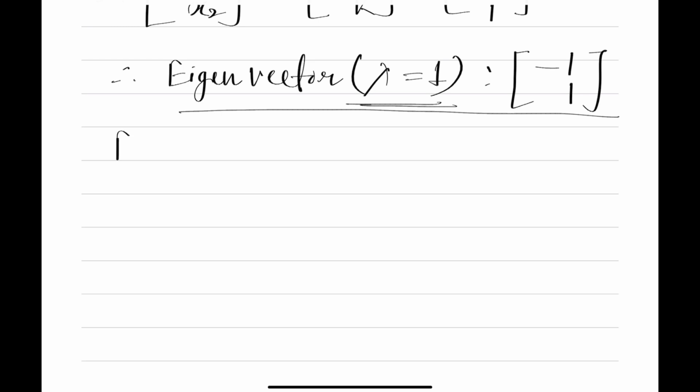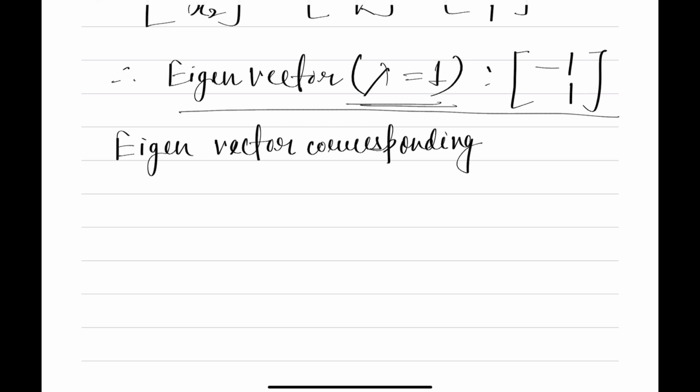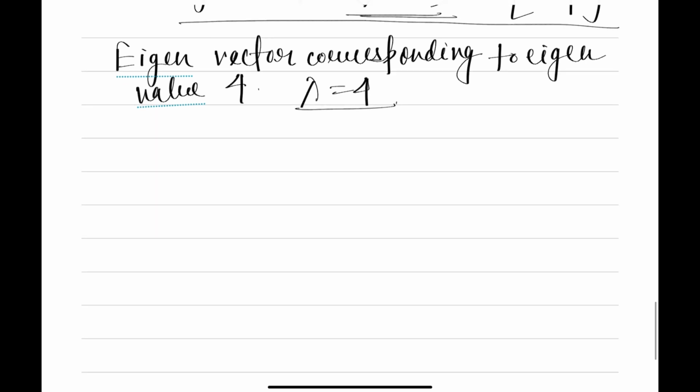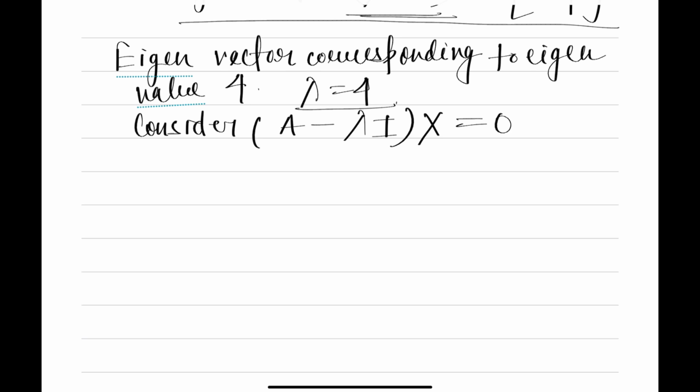Now the eigenvector corresponding to eigenvalue 4, or lambda is equal to 4. We will consider (A minus lambda I) x is equal to 0.